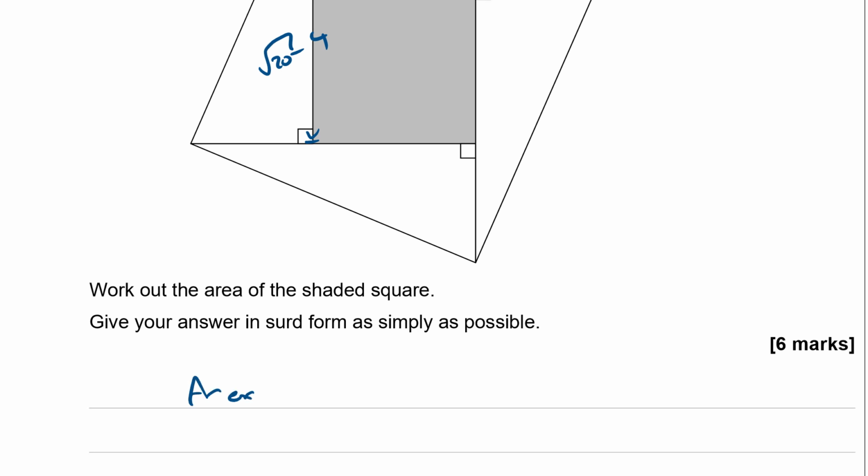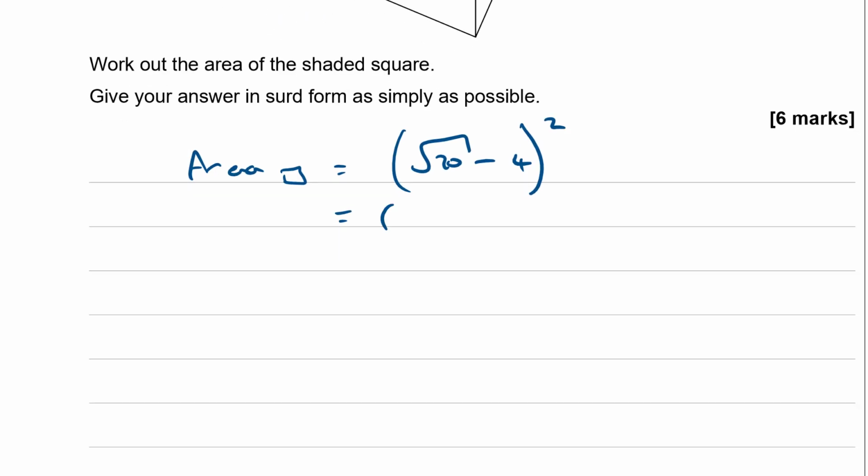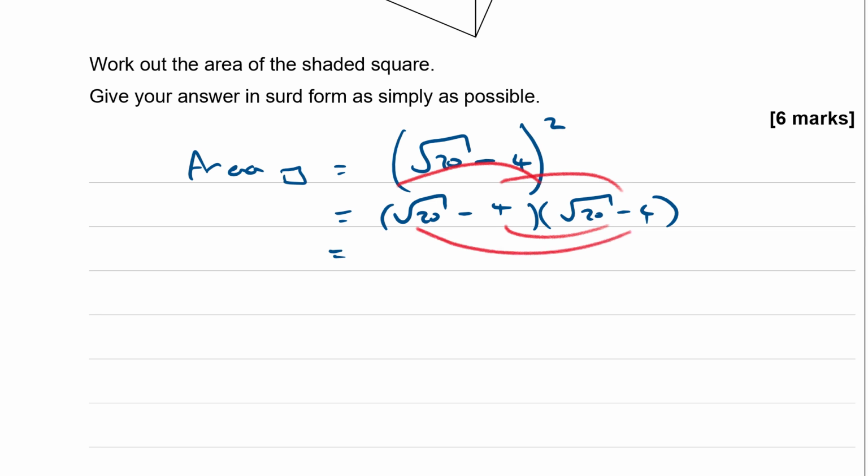So area of square is going to be root 20 subtract 4 squared, because you can times it by itself. So let's just double that bracket out. Root 20 minus 4, root 20 minus 4, and do FOIL on it. So root 20 times itself is going to be 20.